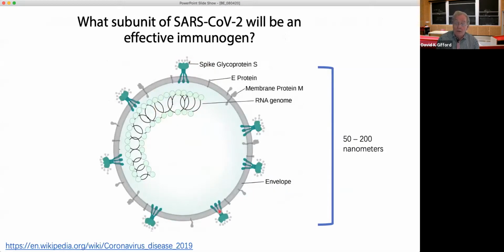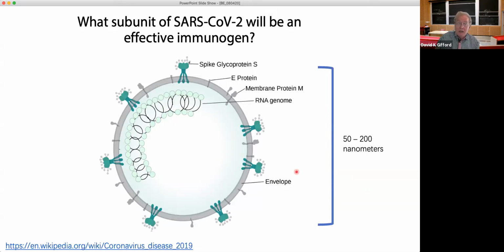Okay, so how can we induce this kind of immune response from our system without being infected with COVID-19? Well, here's the SARS-CoV-2 virus that causes COVID-19, and we can select a subunit of this virus and use that subunit to induce an immune response.